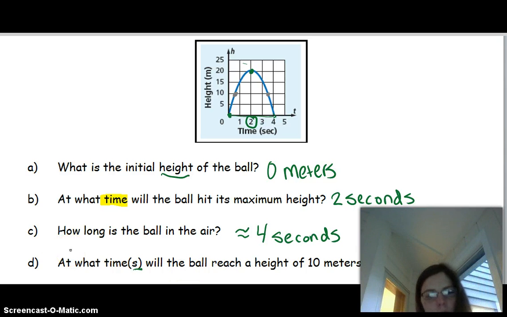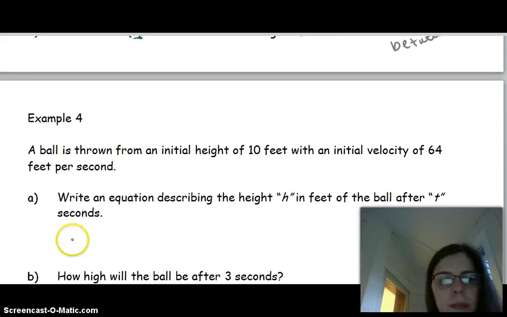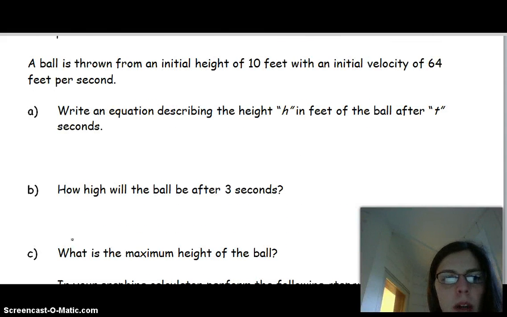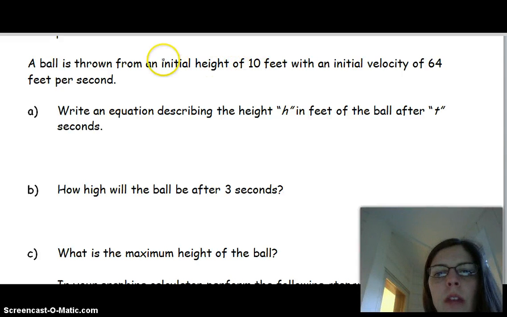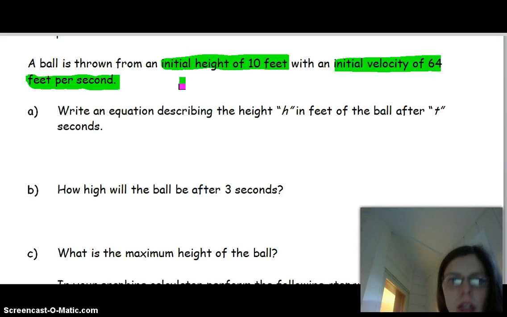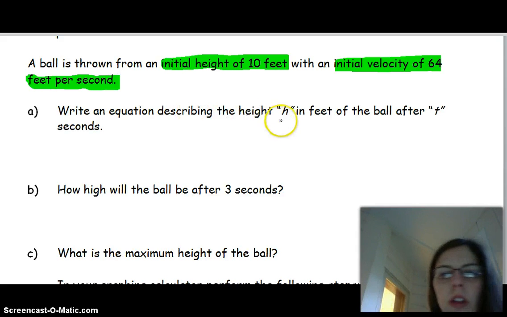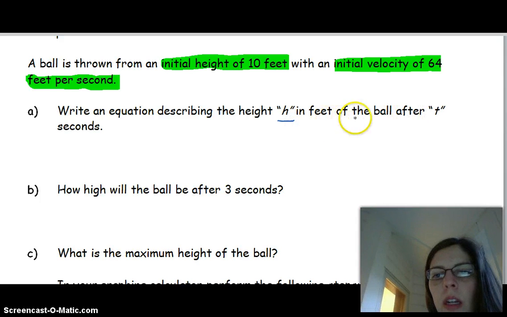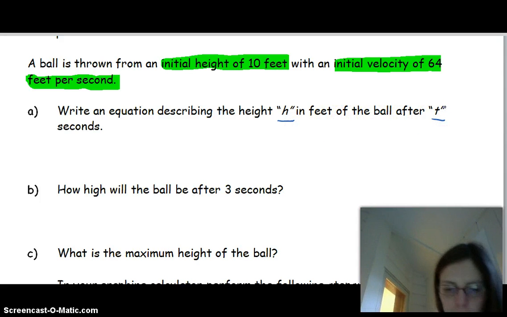All right, we're on to our last example, example 4. A ball is thrown from an initial height of 10 feet. Here are the important things: initial height is 10 feet, and the initial velocity is 64 feet per second. It says write an equation describing the height in feet of the ball after t seconds.